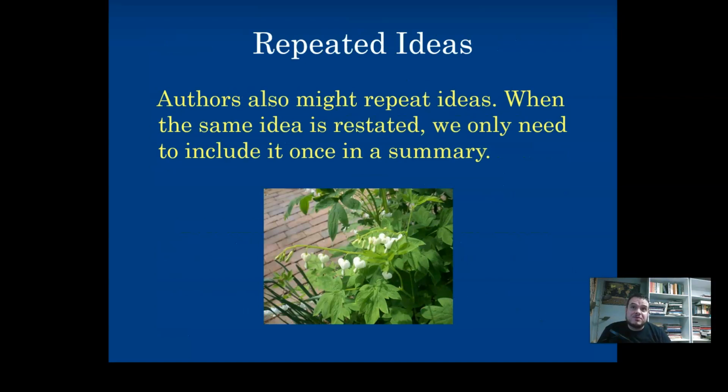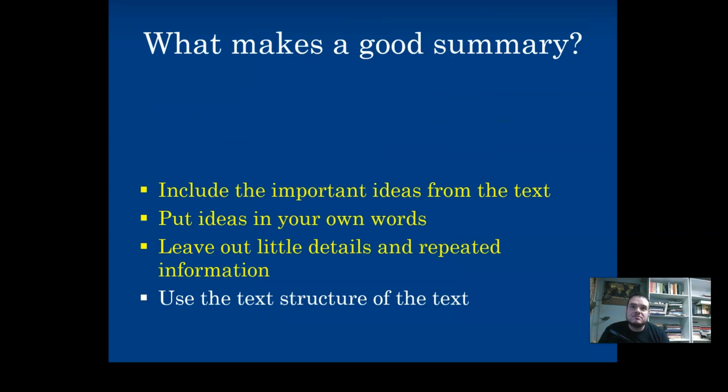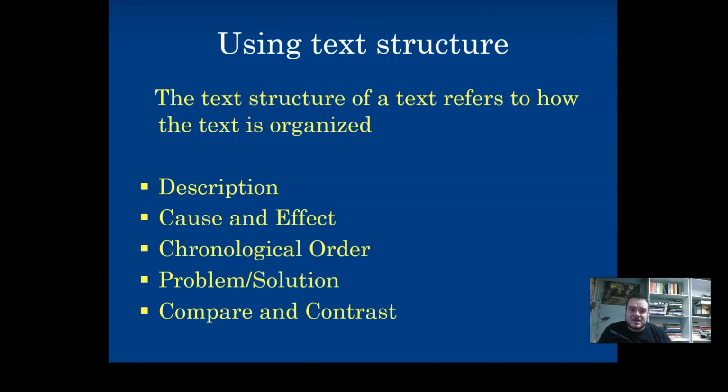Repeated ideas. The author might repeat ideas, usually for emphasis or for effect, sometimes just to remind you of things stated in prior paragraphs. When the same ideas are restated, you only need to include them once in the summary. Use the structure of the text to help you out. If it's a description, you should write it like a description. If it's a cause and effect, you should write it as a cause and effect.